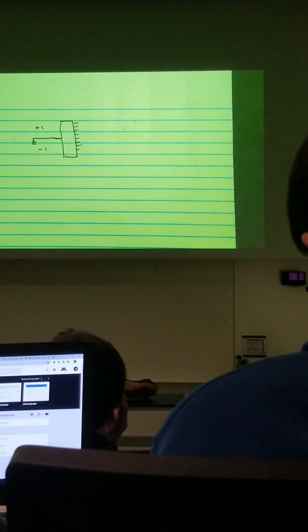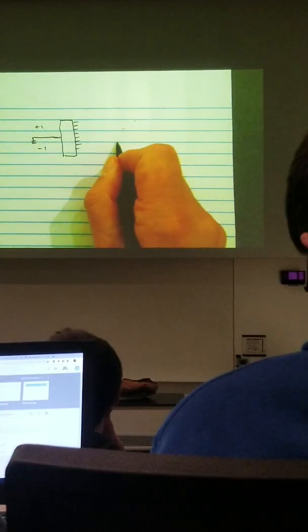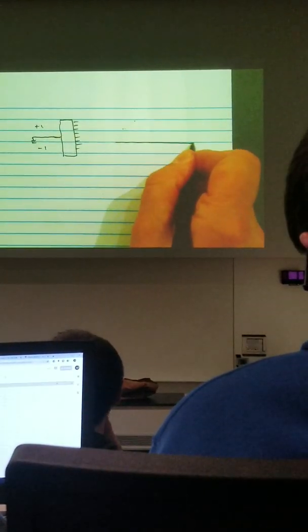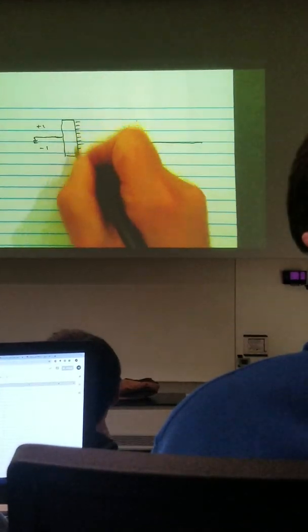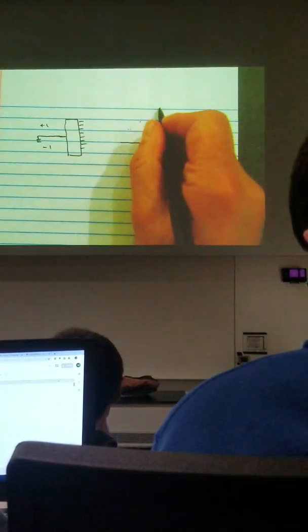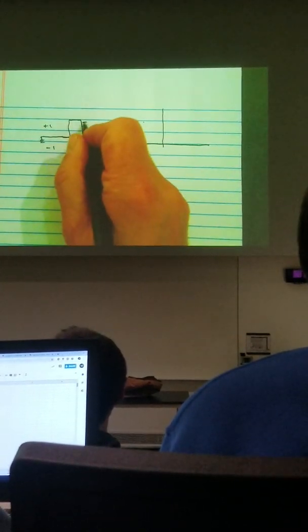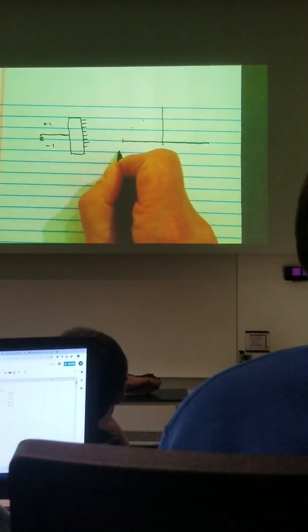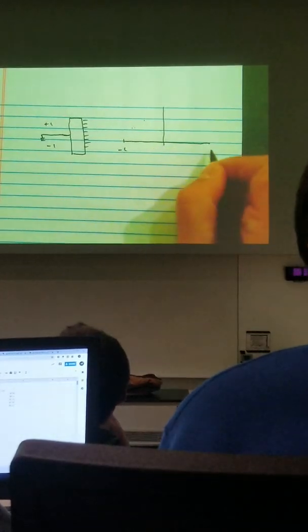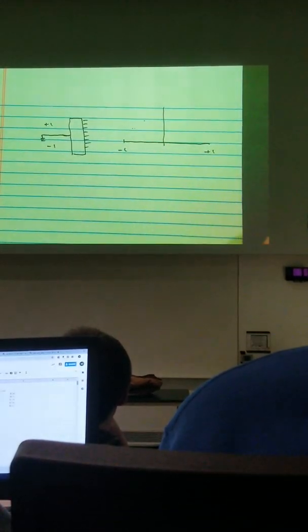The output number here can represent anything from -1 to +1 volts.